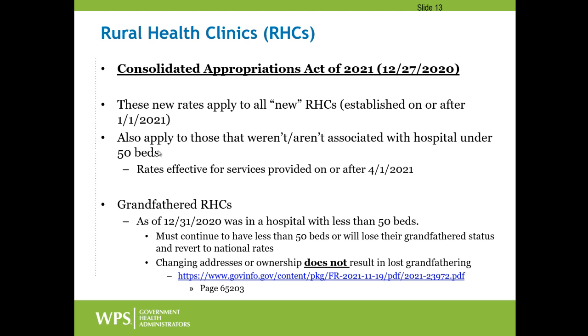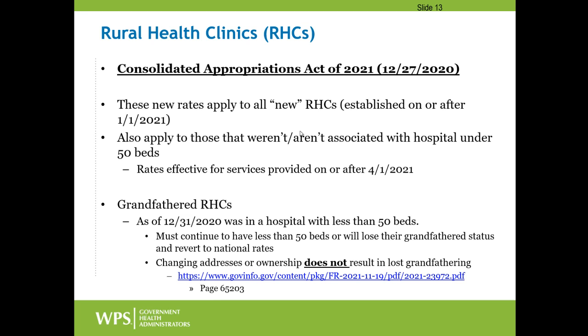In other words, they are associated with a hospital with more than 50 beds. They were never exempt from the limit before, and they're not going to be exempt from the limit now. In fact, they're going to use this new limit. But again, these rates were effective for services provided on or after 4/1/21. So there was a few month gap before the rates kicked in.